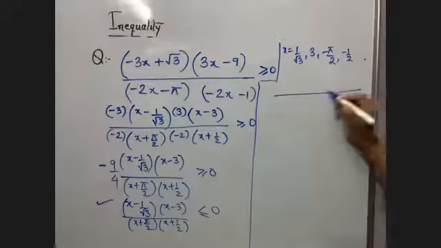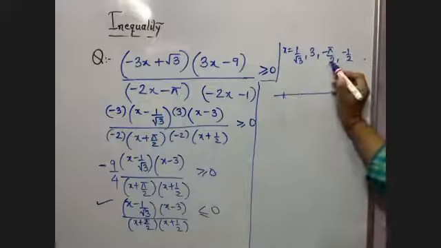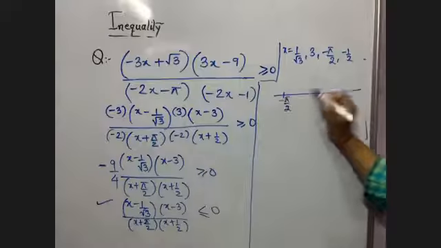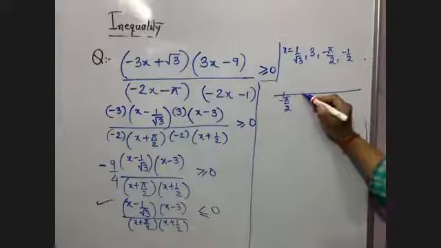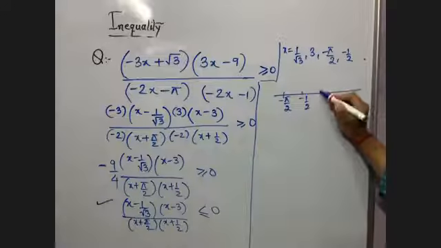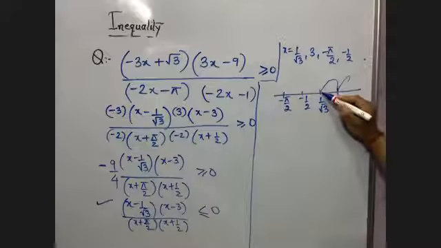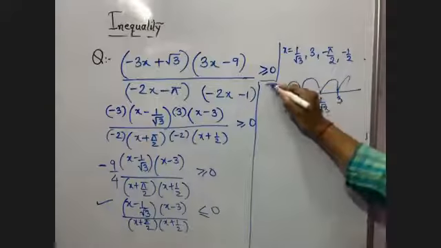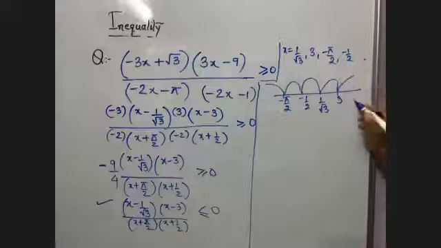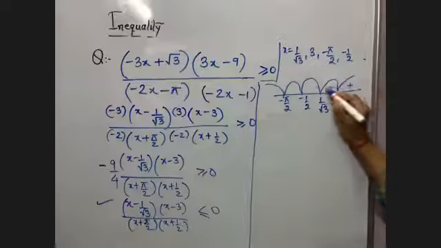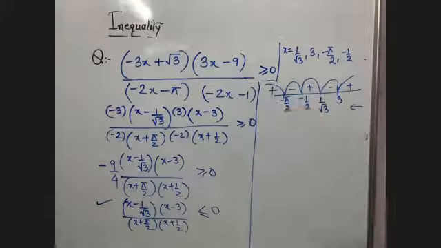Arrange them in ascending order on the number line. Smallest is minus pi by 2, it is minus 1.5, then minus half, 1 by root 3 and 3. Draw it like this. Now proceed from right to left: plus, minus, plus, minus, plus.